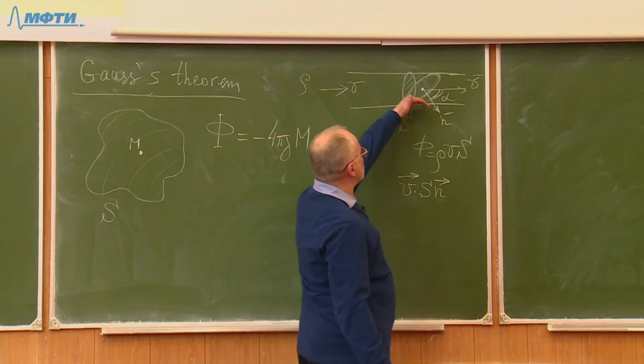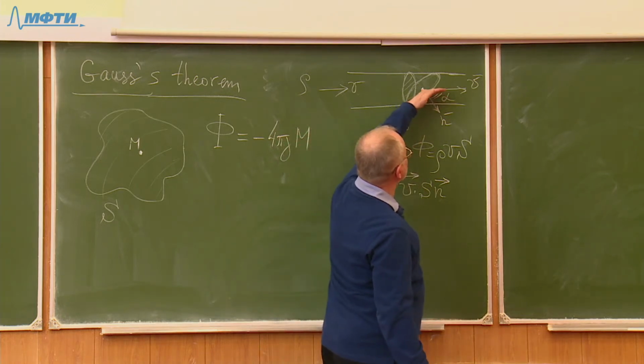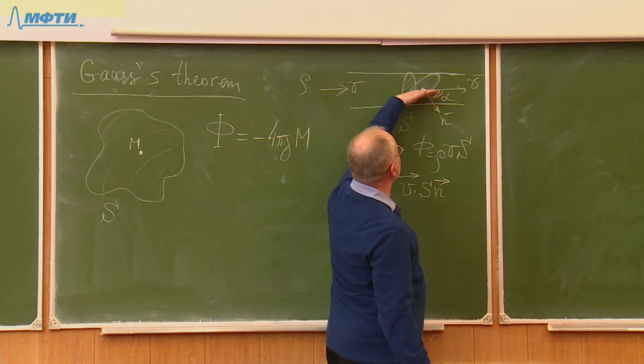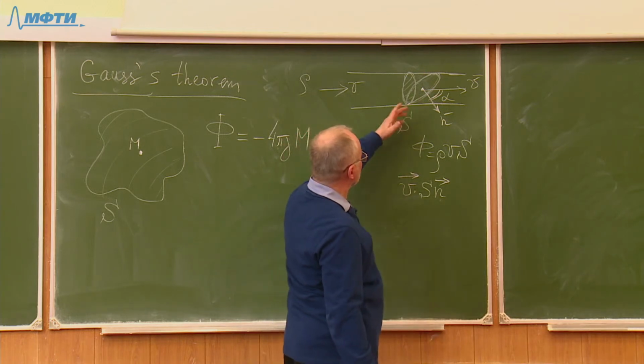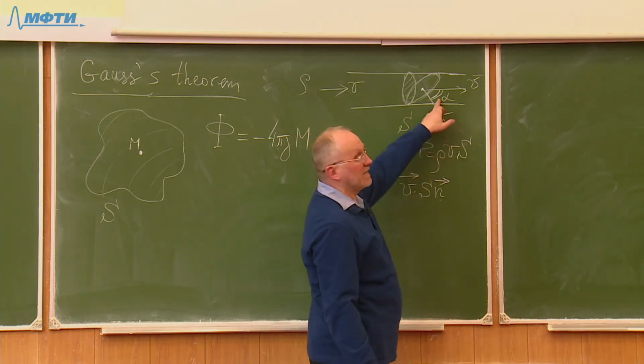Then it means that if you choose larger or smaller alpha, that is, if you choose some different area, some different cross section of the tube, then the result will not depend on alpha.